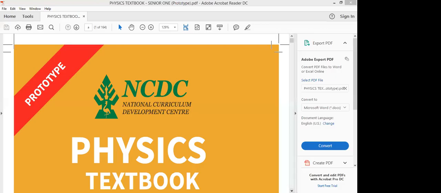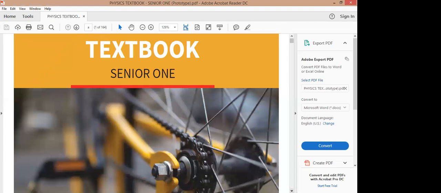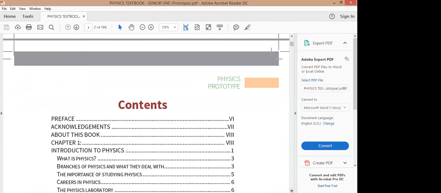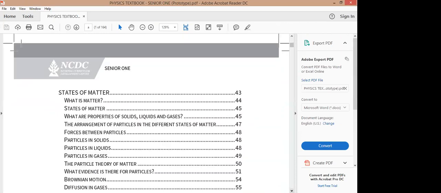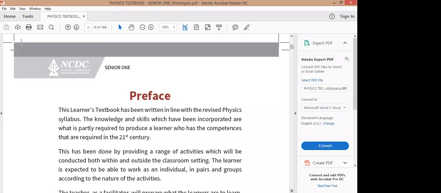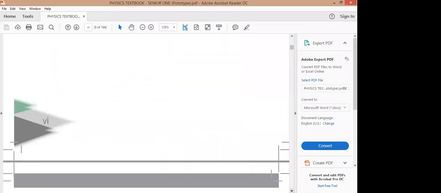I want to share the notes briefly so that we see how far we've gone and where we are going today.